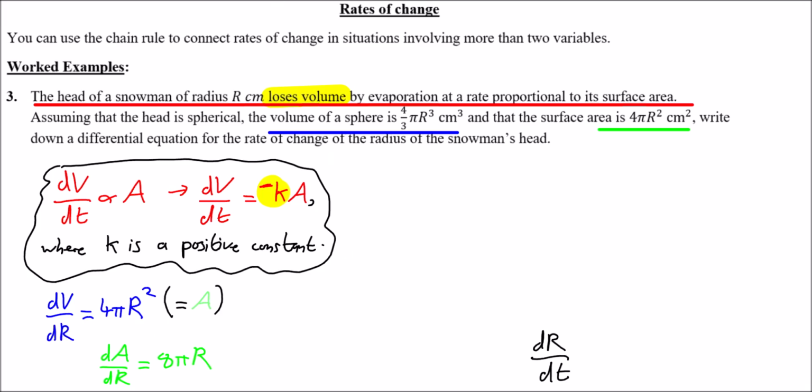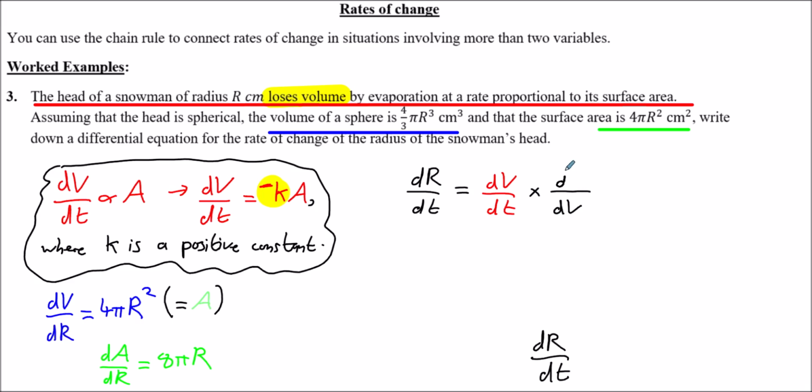So can we use these to our advantage to find dr by dt? Well, we need to have a dt on the bottom. The only thing that we have so far in respect to time is this dv by dt from the first line. So I'm going to say that's the same as dv by dt. And of course, I don't want v anywhere mentioned, so I could do with having an expression with dv on the bottom next, so they can cancel.